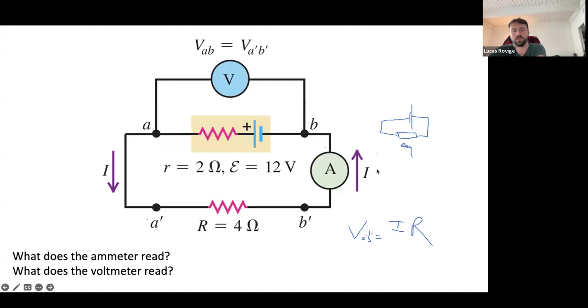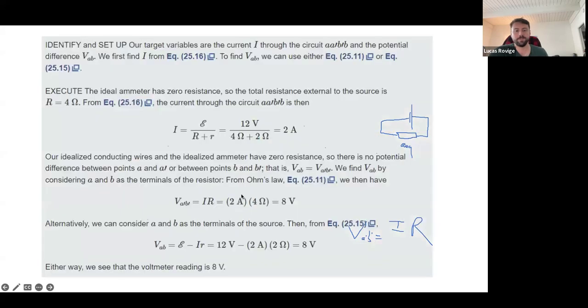But let's make sure of that. So if we use this formula for the EMF source, the potential between A and B is going to be the EMF minus the current going through the resistor or the system multiplied by the internal resistance.